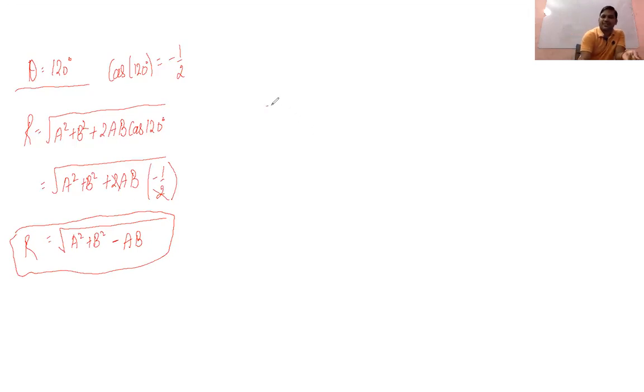Now you can see the figure. This is your A vector and this is your B vector, and the angle you are seeing is 120 degree.